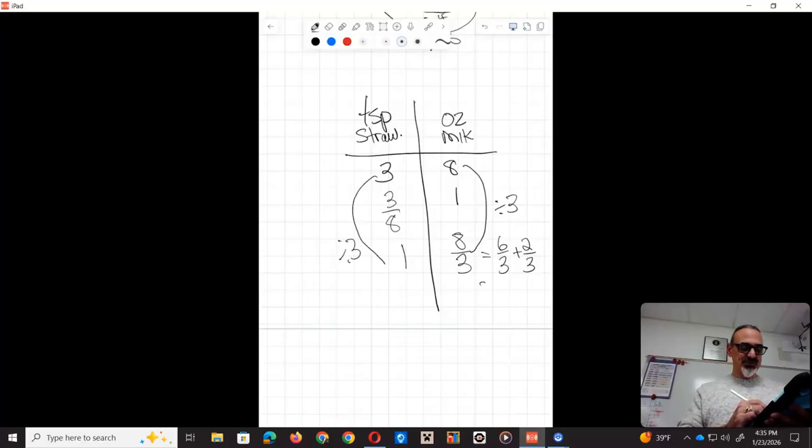No, put it down here. 2 and 2/3. So 8/3 is equivalent to 2 and 2/3. So the answer for 1 teaspoon of strawberry is 2 and 2/3 ounces of milk. The opposite, which is per ounce of milk, is 3/8 teaspoons of strawberry. Now those weren't as bad.